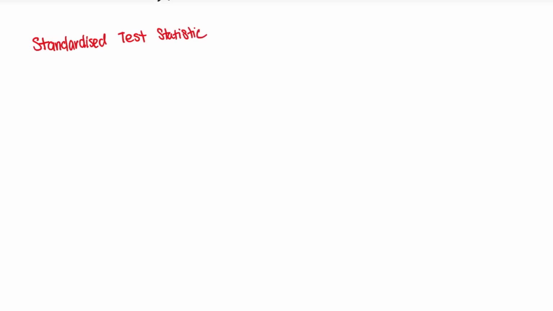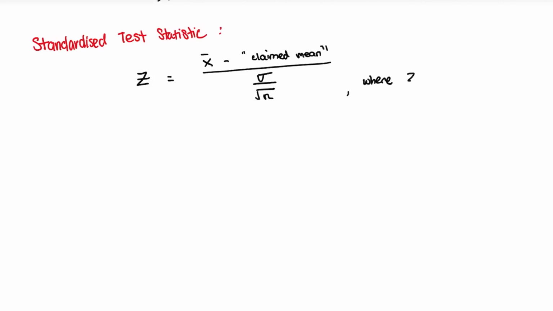What this test statistic is, is denoted by the math term Z. The formula goes whereby it is your sample mean x bar minus the claimed mean, whatever the question has claimed the mean to be, which is your average. So this minus this, over sigma over the square root of your sample size, root n. Where Z is normally distributed as N(0, 1).